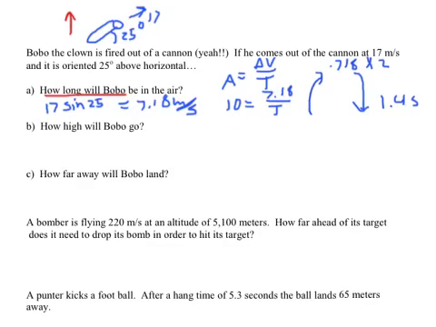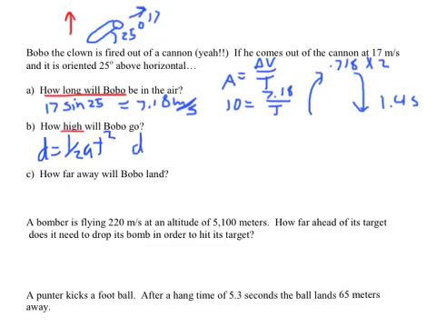All right, the next question is, how high will Bobo go? Now, that's a vertical distance. You've got to be careful with these because how long he's in the air takes into account both going up and coming down. But think about it. Bobo is at his maximum height halfway through the trip, at 0.718 seconds. So I'm going to use d equals 1/2 a t squared to find the vertical distance.